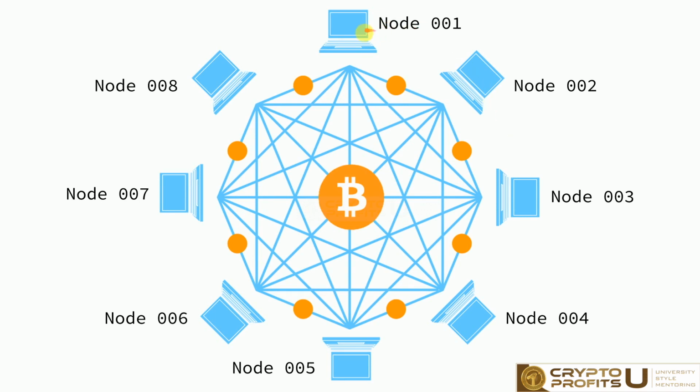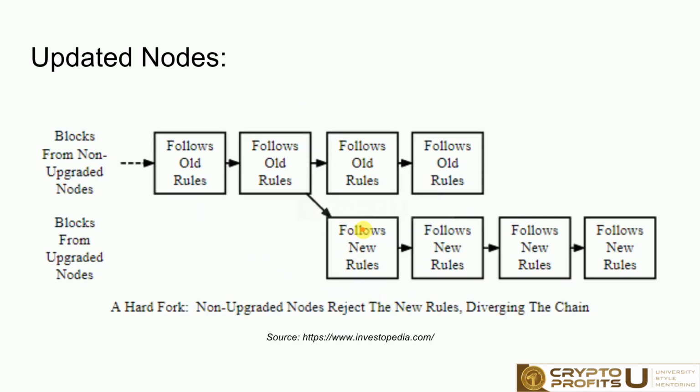And one node could choose to have version 1.2 of Bitcoin, for example, and one could have version 1.3. But for them all to work on one collective blockchain or one collective cryptocurrency, they all have to be running the exact same version of the software.